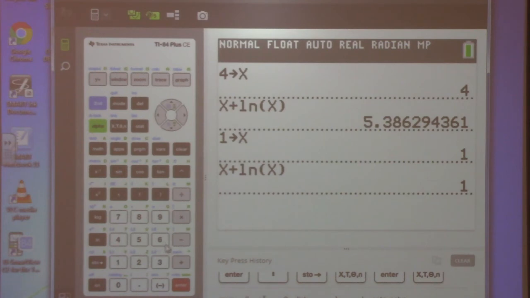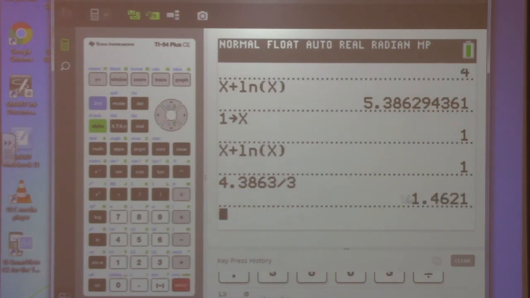Now, so you put it in, it'll be like 4.3863, we'll say, divided by 3, is that right? Because 4 minus 1.